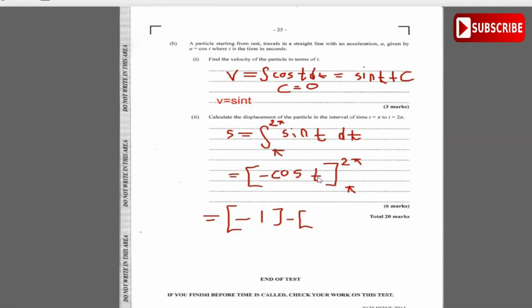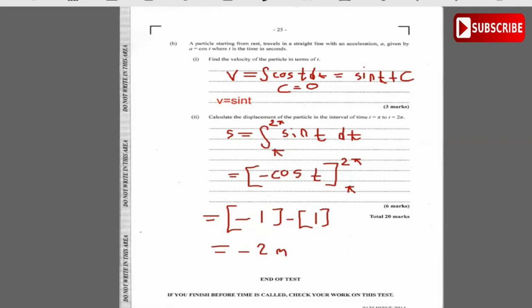Cosine pi is minus 1, minus minus 1 is 1. So the displacement is minus 1 minus 1, which is minus 2 meters. All right, nice and easy. That's it, minus 2 meters. That's the displacement. Remember, displacement is negative.